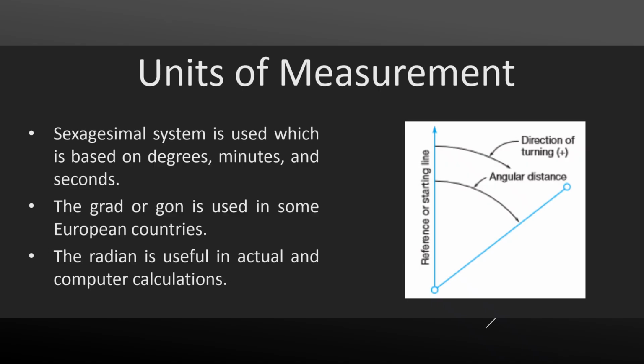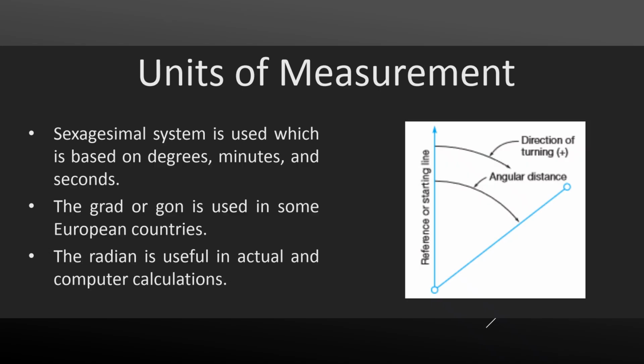The third one is the radian, which is particularly useful in mathematical engineering and computer calculations. One complete revolution is equal to 2 pi radians, while a right angle is equal to pi over 2 radians. Now, the radian measure is defined as the ratio of the arc length to the radius.